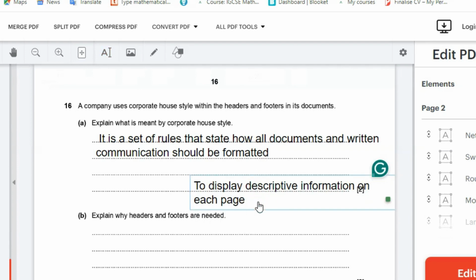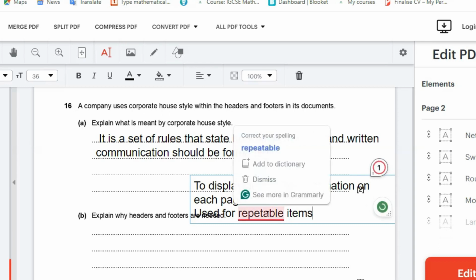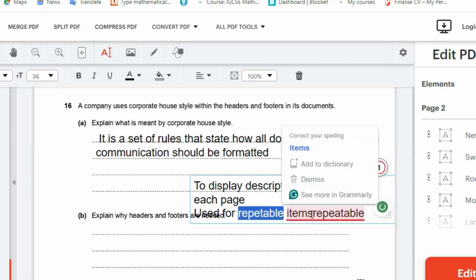We have 2 marks, so let's state 2. Used for repeatable items. Others are helps the user to navigate through the document.